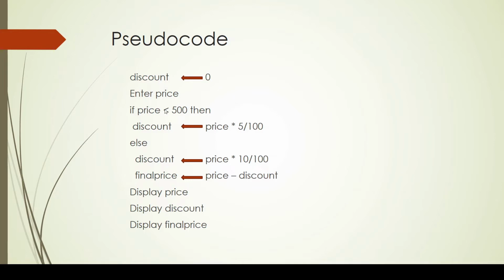If the statement evaluates to false, it'll go into your else statement, it'll calculate discount at 10%, and then it goes into final price, it calculates the final price, it'll display the price, display the discount, and display the final price.